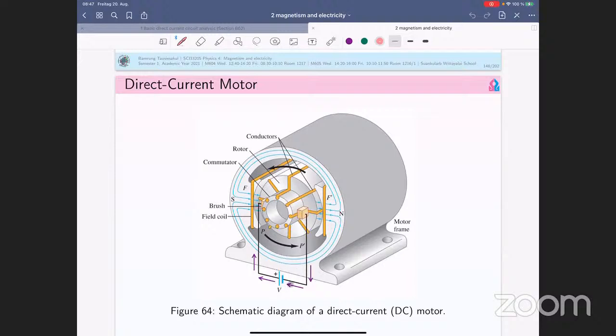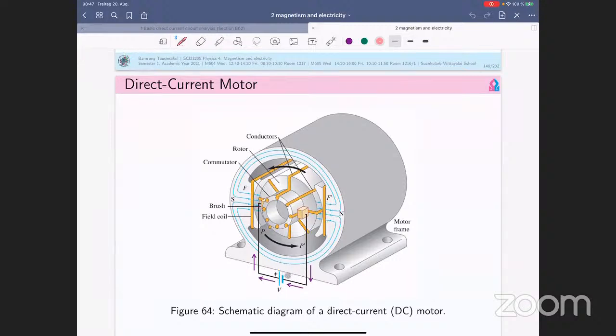This is the direct current motor, so the unit that supplies the electricity to the motor will be a direct current source, for example a battery, or any kind of direct current power system. For example, in Japan they have a direct current power system to deliver to the users at home.